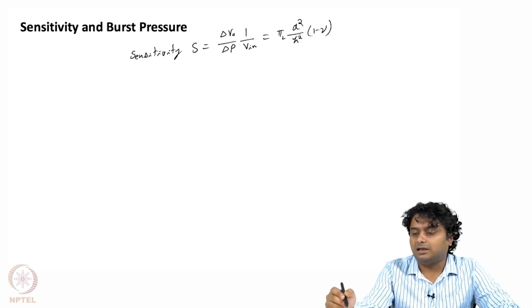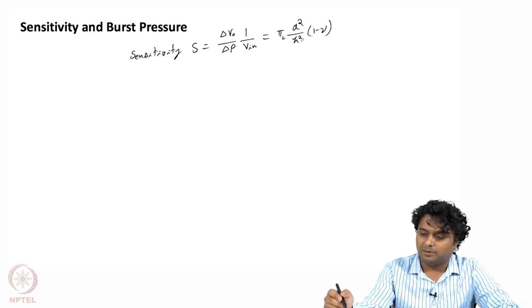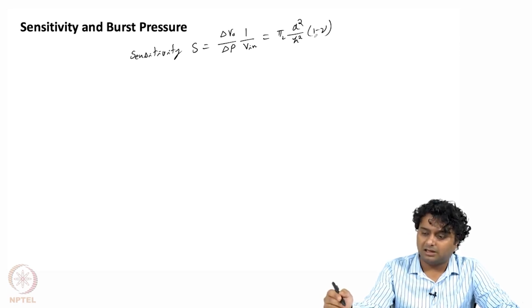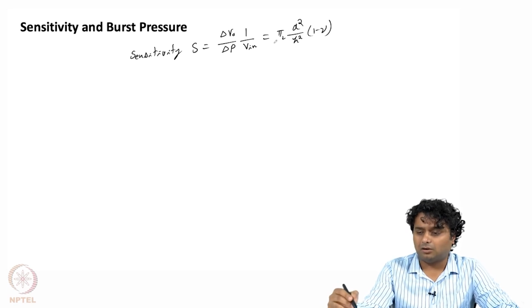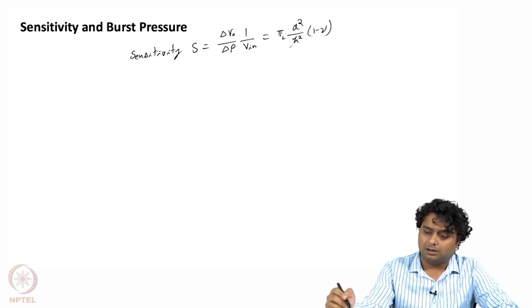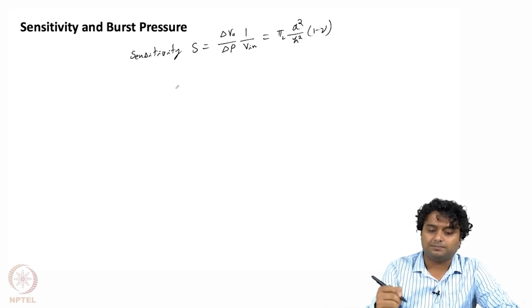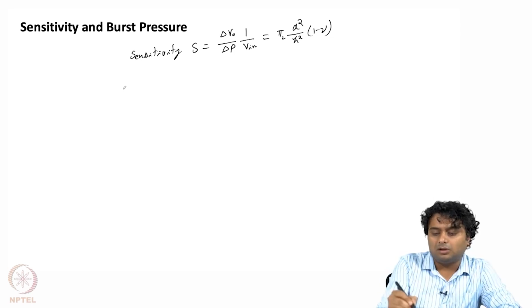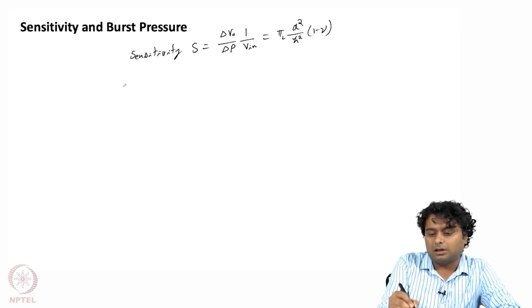Now, this S and H depend on the geometry of the membrane, and pi L and nu depend on doping concentration, material properties, etc. So all of these we can decide, and accordingly we can select the sensitivity of the pressure sensor. Now, in this context we need to know another term called burst pressure.